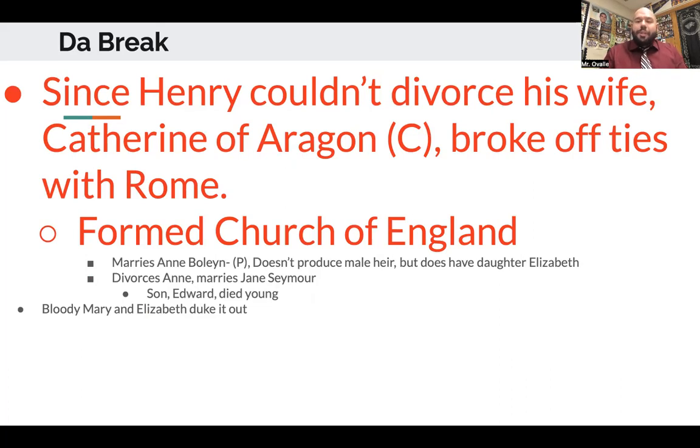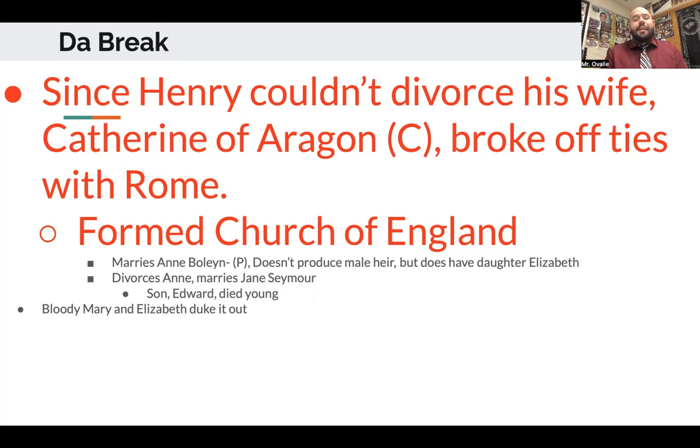So he's going to go to the Pope, say, yo, Mr. Pope, annul my marriage to Catherine. She's not giving me a son. And Henry was actually betrothed to Catherine because his older brother died. So he stepped up and wanted to marry Catherine, that was his duty.